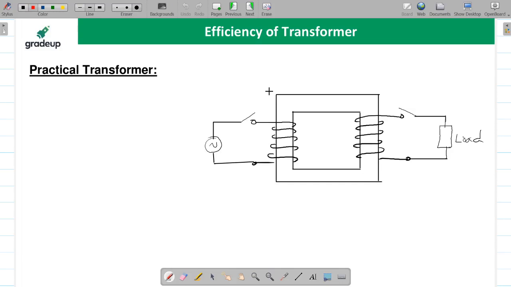We cannot miss this. Stay tuned to Gradeup, and tomorrow we are going to start with the practical transformer. Is it clear to all of you? Are you comfortable? No problem.